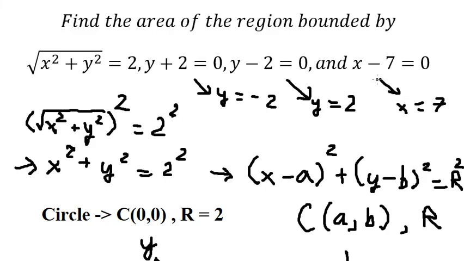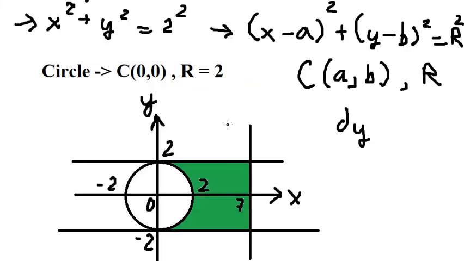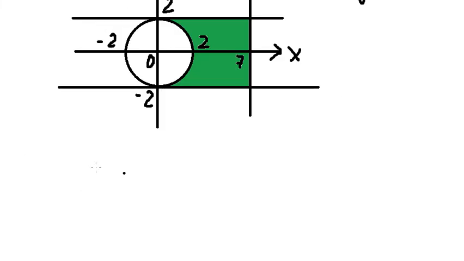Now we have x equals 7. Now we need to find x for the circle. So 2 to the power of 2, we have 4. Now we put y squared to the right.